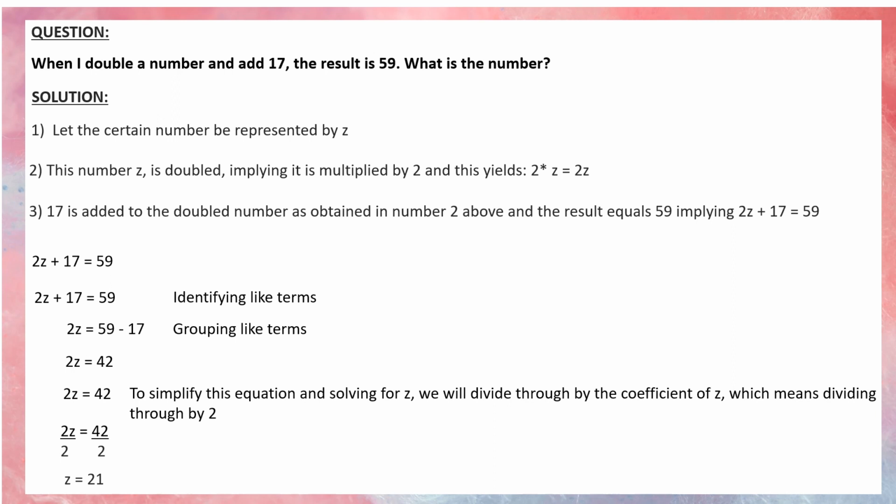So if you divide 2z by 2 and also 42 by 2, on the left hand side, 2 divided by 2 is 1, and then you have z on the left hand side, and then 42 divided by 2, you have 21. So that gives us what the value of z is.